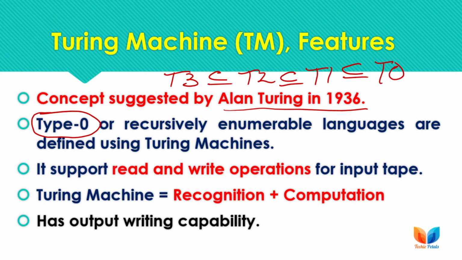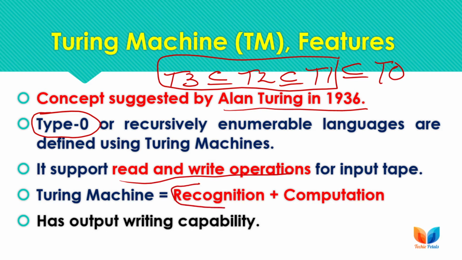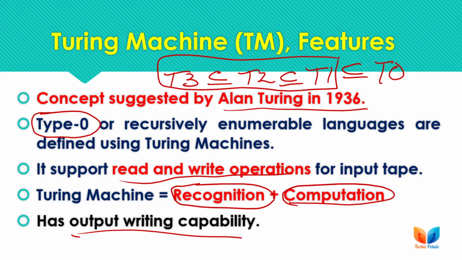So a Turing machine can recognize all other types of languages. Next, it supports read as well as write operations on the input tape and can do the job of recognition like PDA, NFA, DFA, and also can perform computation and generate the output for the given input depending on the statement. Right?